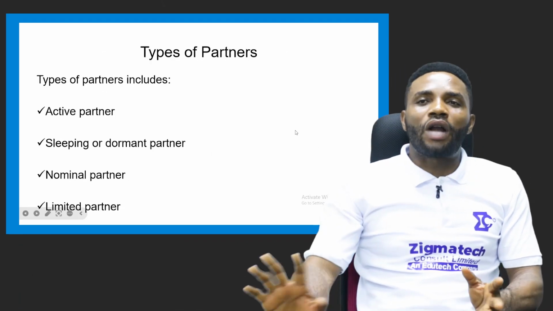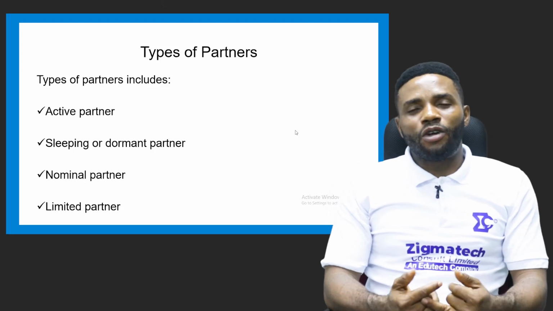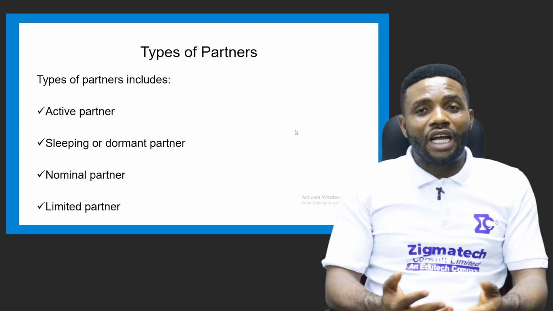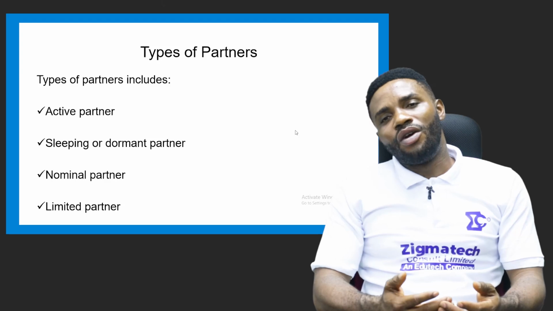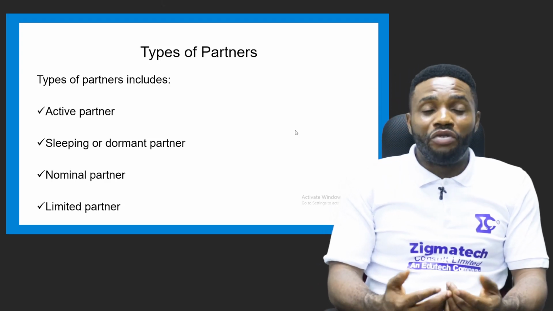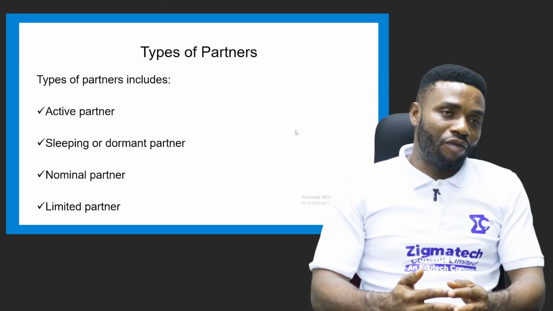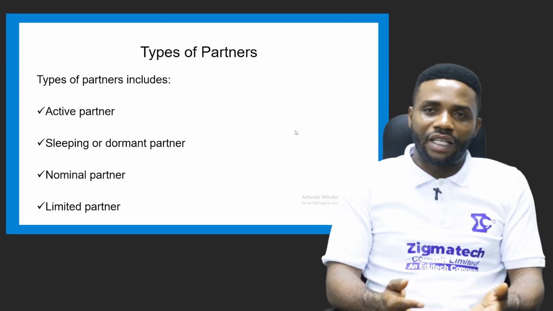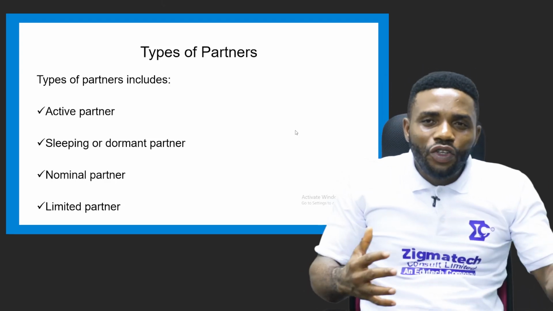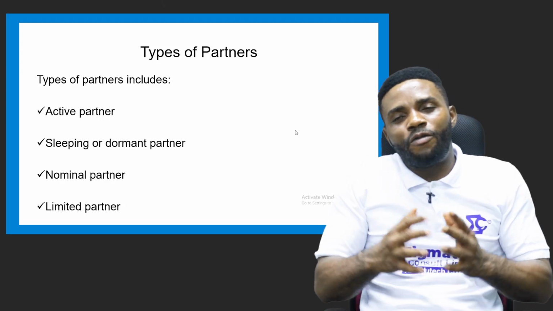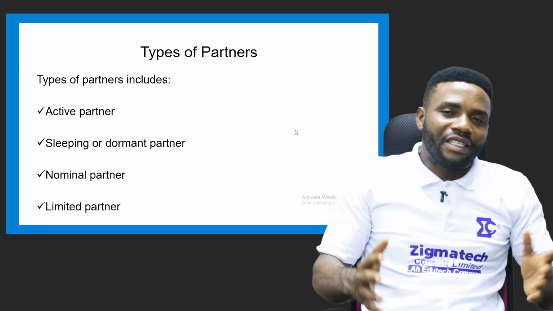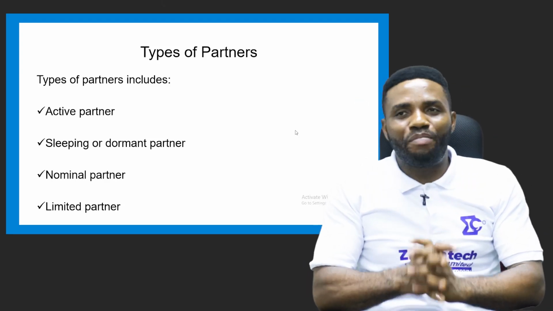Okay, let's look at what we call types of partners. We've mentioned that some partners deserve salary, remuneration, and incentive, while some other partners do not deserve it. Now, let's look at the various components or classifications of partners in a partnership business.